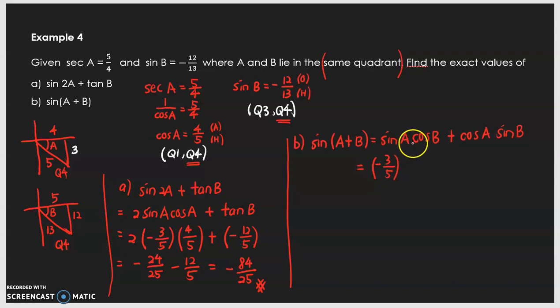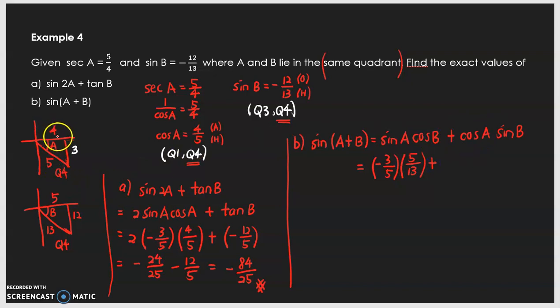Therefore, we have a negative times cos B. We refer to B, cos is adjacent over hypotenuse, 5 over 13 without negative because B is in quadrant number 4, plus cos A.